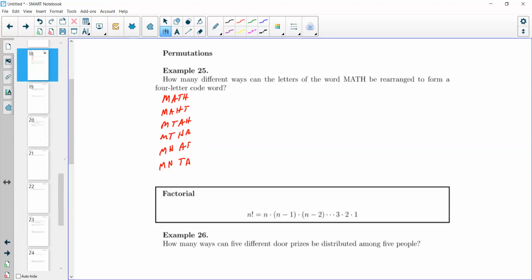Okay. Then we can start with A. AMHT, ATMH, ATHM, AHTM, AHMT. Anybody see the pattern here yet?